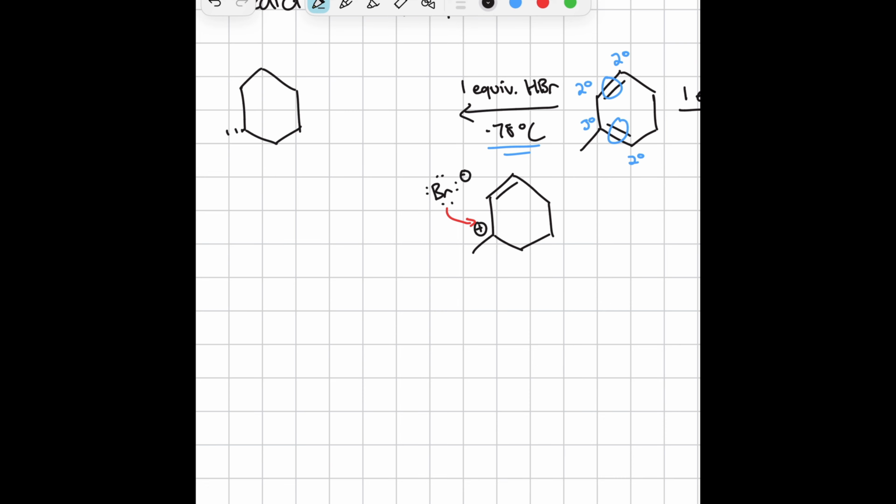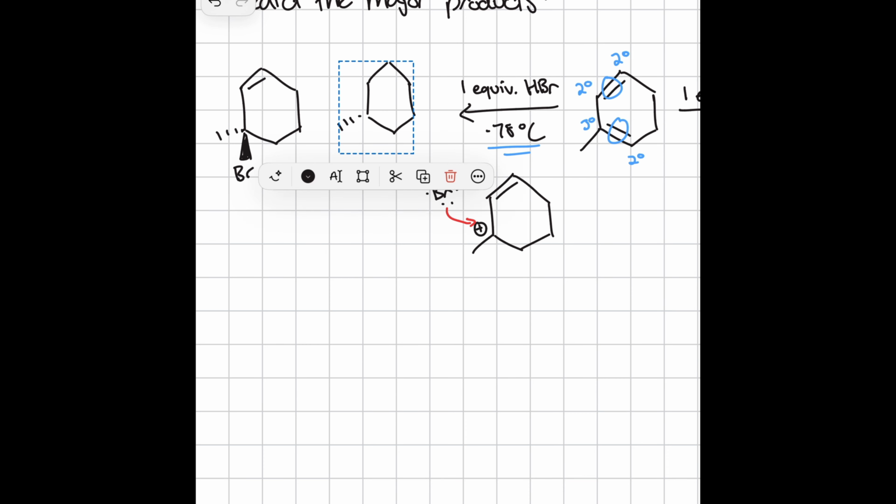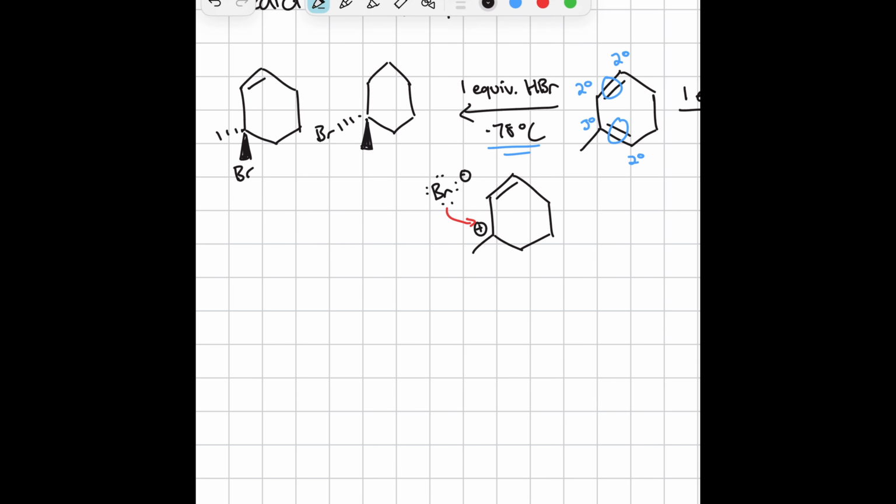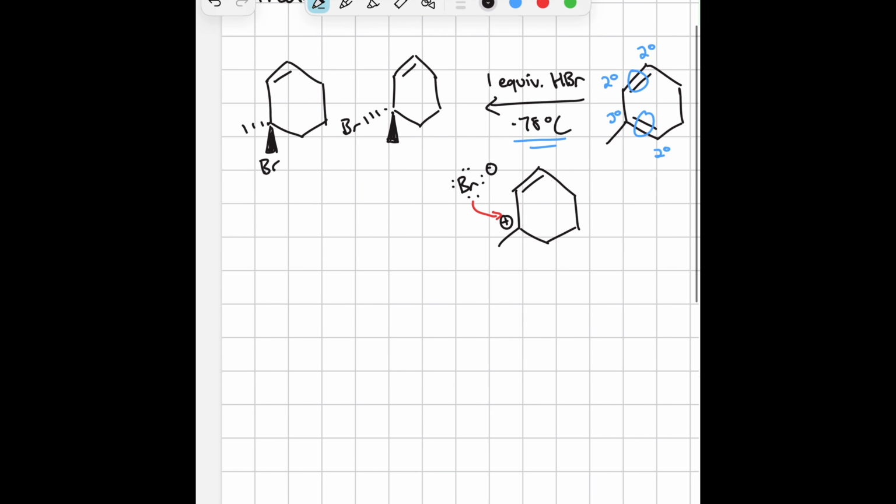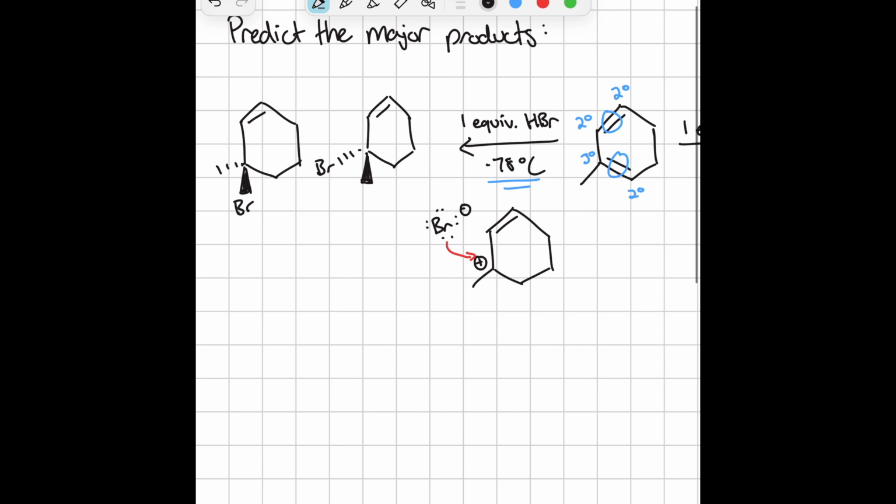You have the possibility of the methyl being out of the page on a dash and the bromine being towards us, or the opposite configuration, which is the bromine away from us and the methyl on the dash. And we're leaving this top double bond untouched because there's only one equivalent HBr. And that is going to be known as our kinetic product because it's formed the fastest.